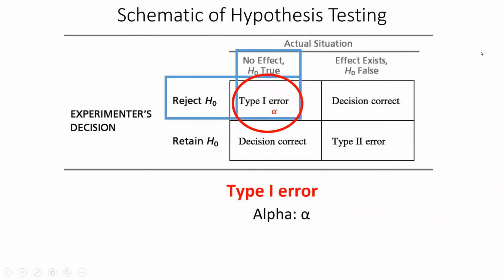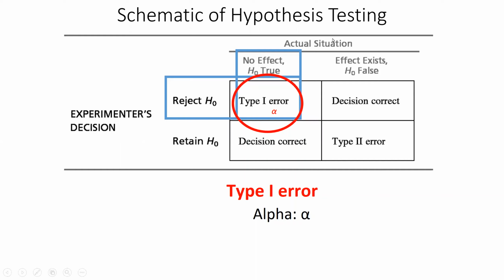So type 1 error is notated as alpha, and this is the same alpha that you have seen before. This is actually the definition of alpha that you have never really been introduced to in the past. And that is, the type 1 error rate is essentially the definition of alpha.